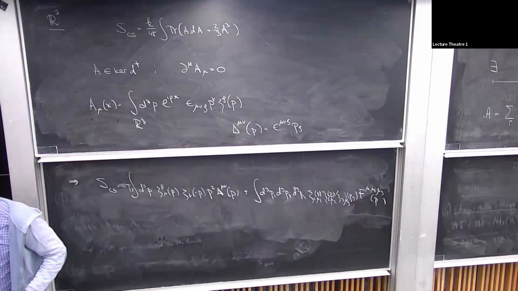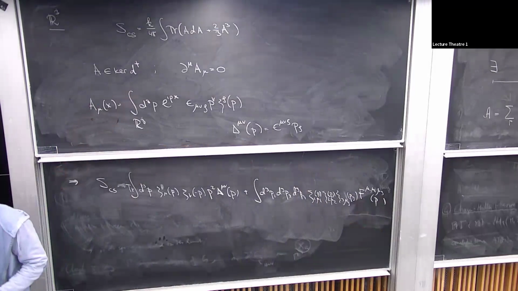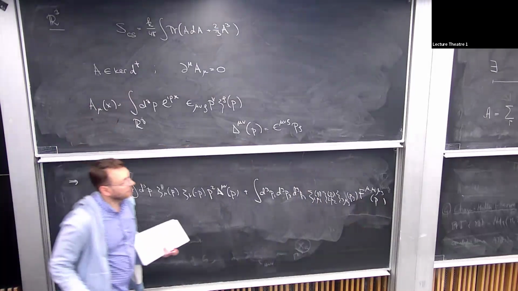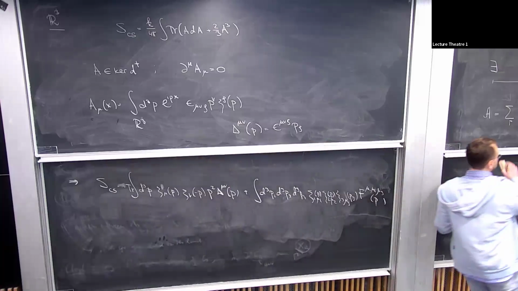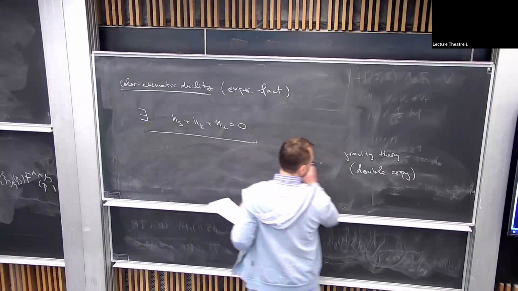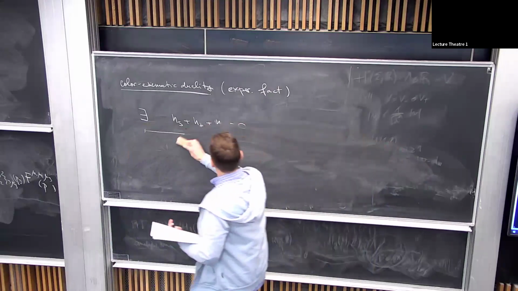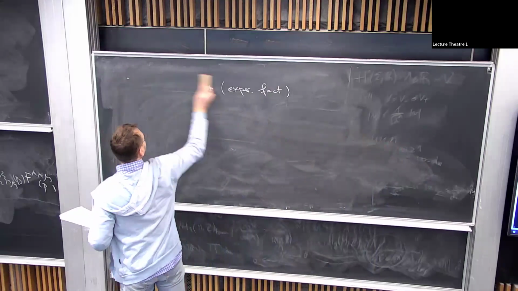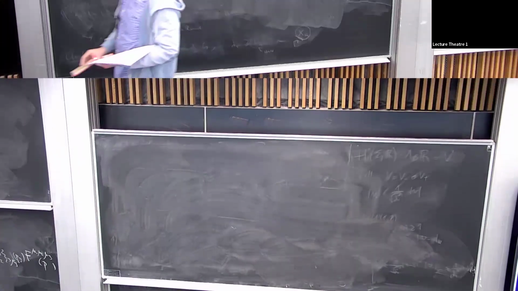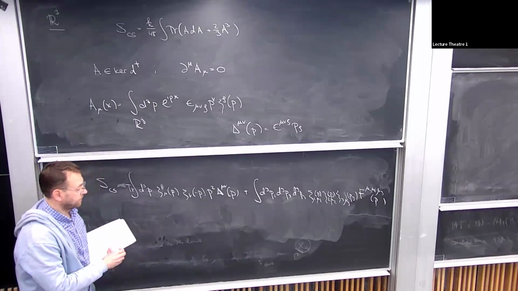Actually you can do something else, another calculation, which is: we can calculate the algebra of volume preserving diffeomorphisms. p_1 plus p_2 plus p_3 equals 0.